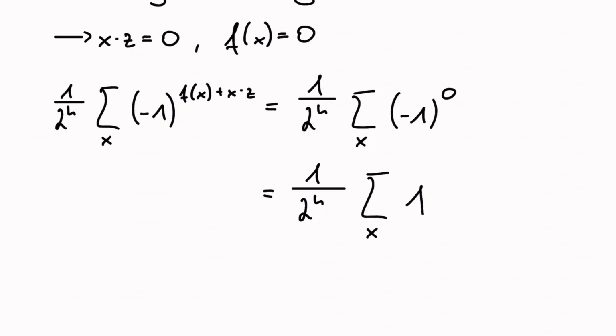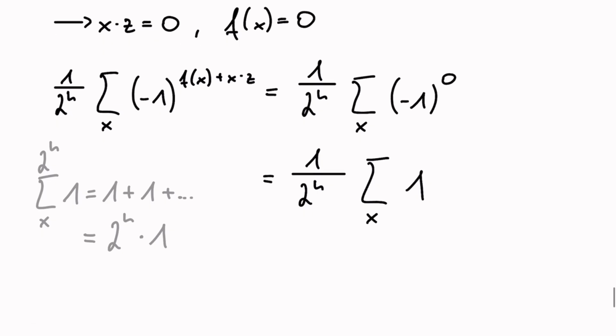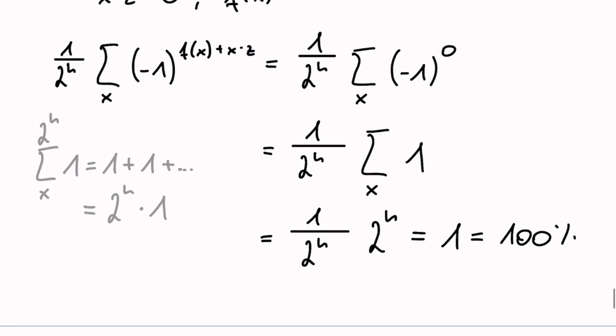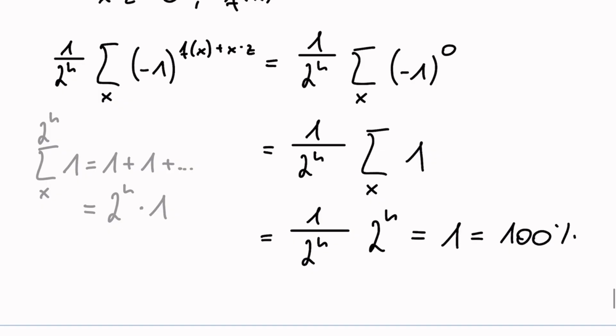We're adding up a bunch of ones, and since there are 2 to the power of n such terms, we divide by 2 to the power of n and get exactly 1. This means the amplitude is 1 and the square of 1 is still 1, so we get a 100% probability of measuring that all 0 state.